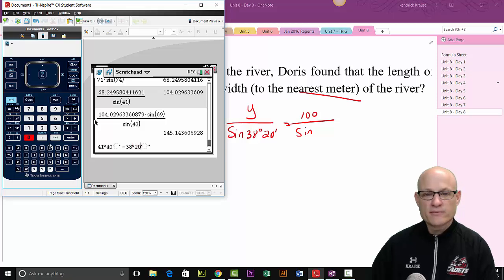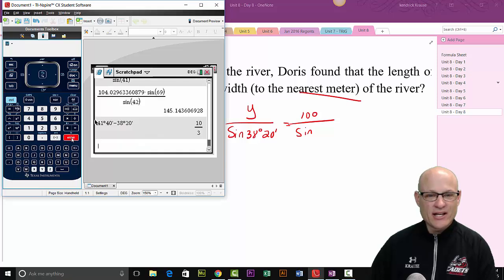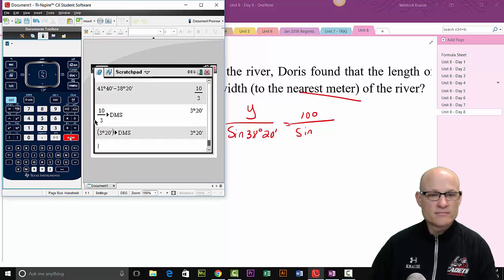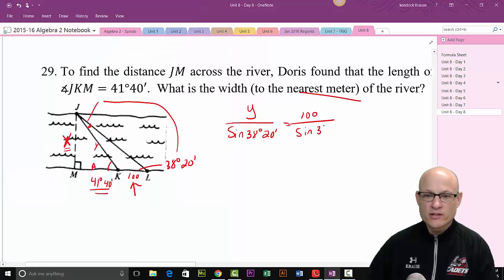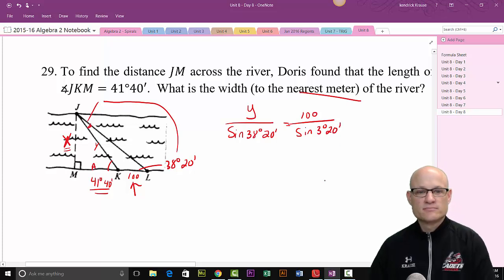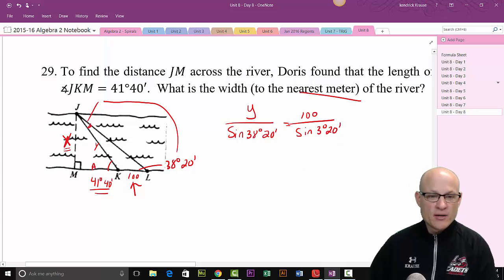It's going to be a tiny little angle, and I'm going to DMS this. So I get 3 degrees, 20 minutes. Now I could have done 180 minus 4140. I would have gotten like 140 something here. And then I would have taken this one and this one, subtract them from 180. I'd still end up with 3 degrees, 20 minutes.